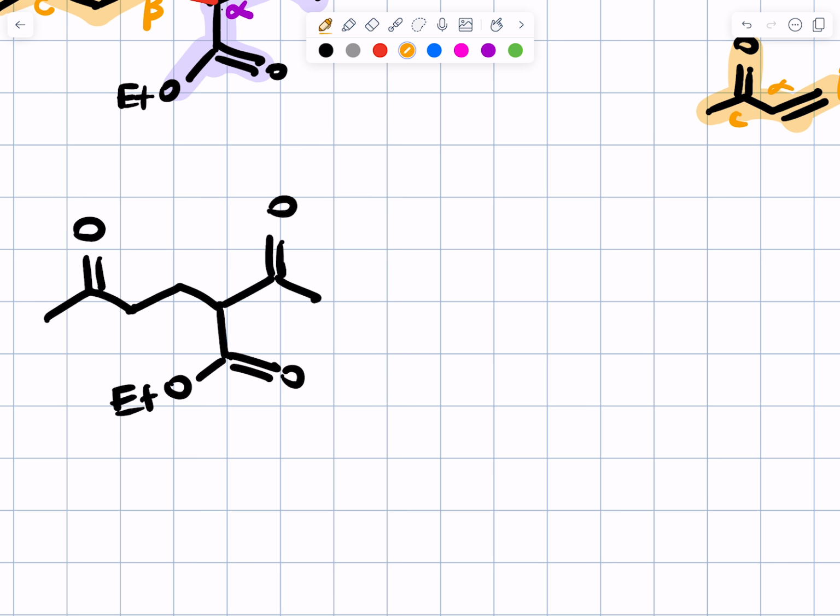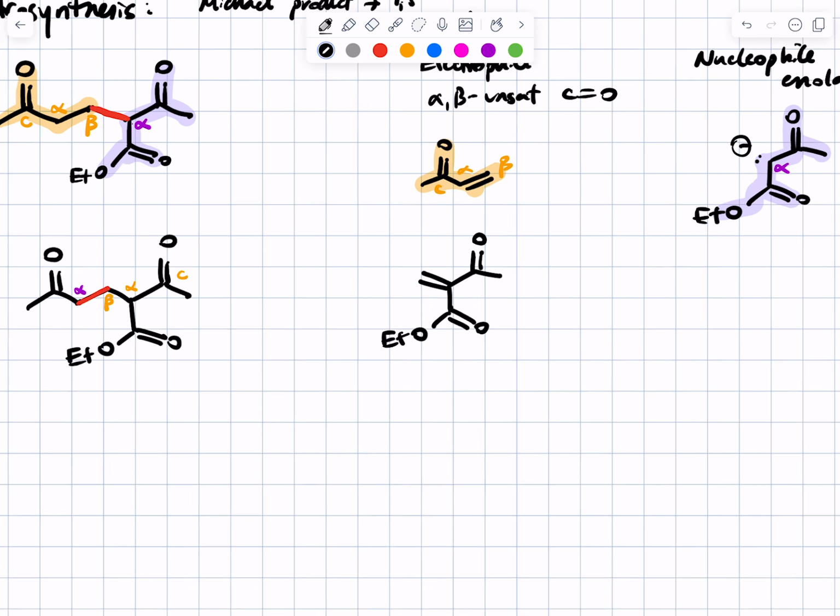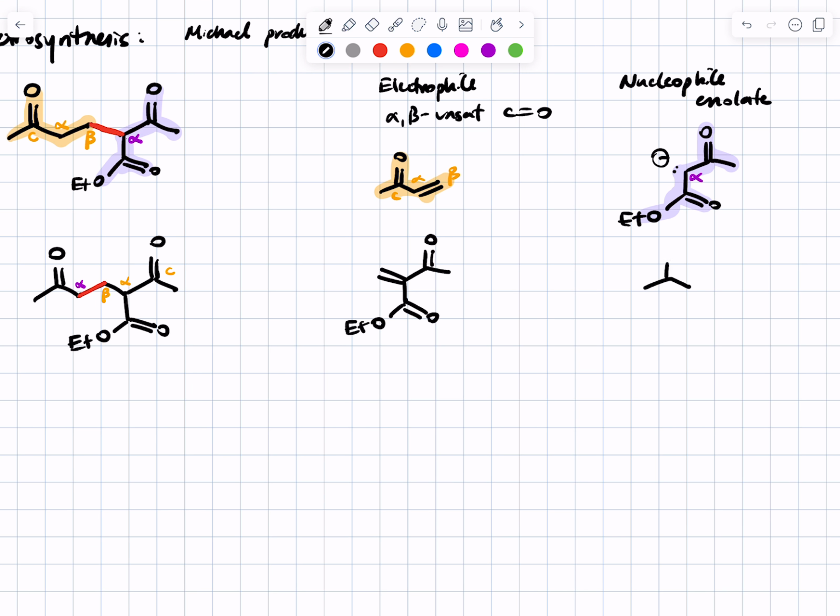Supposing I wanted this to be the orange carbonyl carbon, that would make this alpha, this beta. That would say that I made this bond, and that would make this the alpha carbon of the enolate. If I divided it up that way, my electrophile would be something like this, and my nucleophile would be something like this. Do you see how I did that?